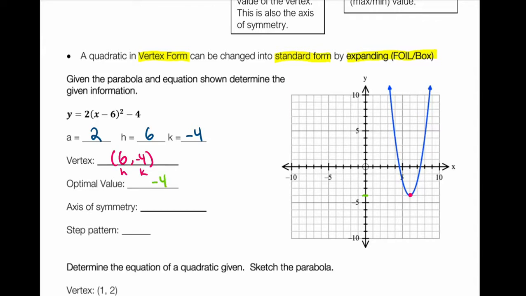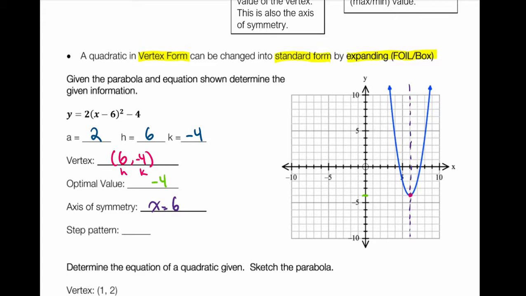The axis of symmetry is that imaginary line that cuts our parabola in half. So in this case, it's always in the form x equals, and in this case it's x equals 6, or you could say the h value of the vertex, or the x value of the vertex, or h.